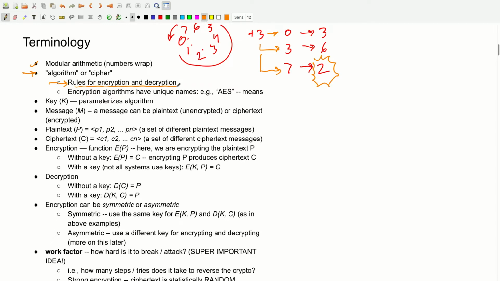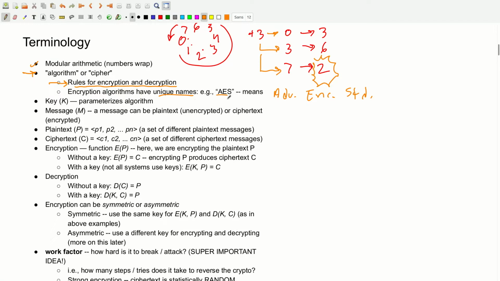Sometimes we'll talk about a particular cipher, cipher A versus cipher B. What that just means is the algorithm in question is an encryption algorithm, if we're calling it a cipher. Encryption algorithms typically have unique names. So AES, it's not written here, but AES stands for the Advanced Encryption Standard.